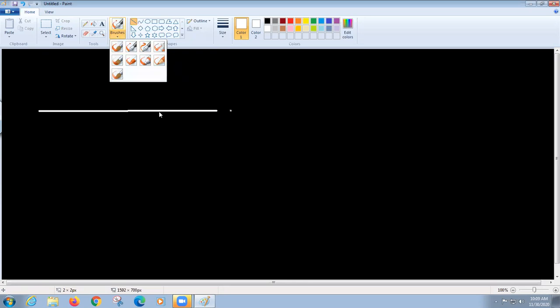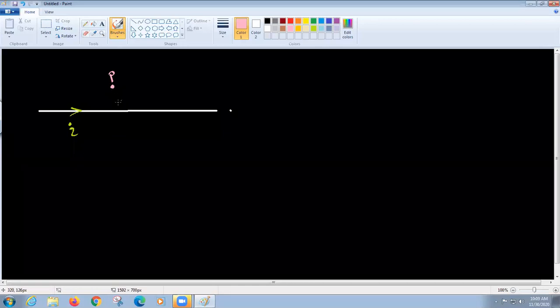So we have again a straight piece of conductor. This conductor is carrying some current I again. And you have a point P in the vicinity of the conductor, the white conductor you're seeing.